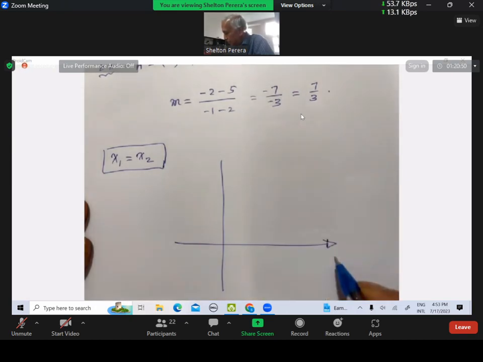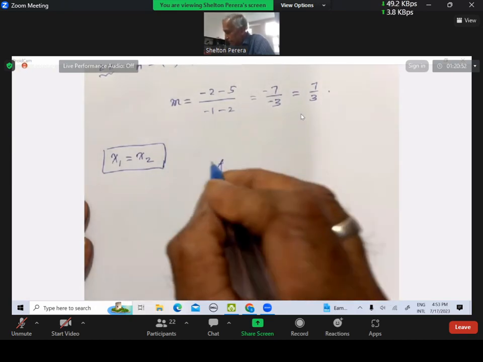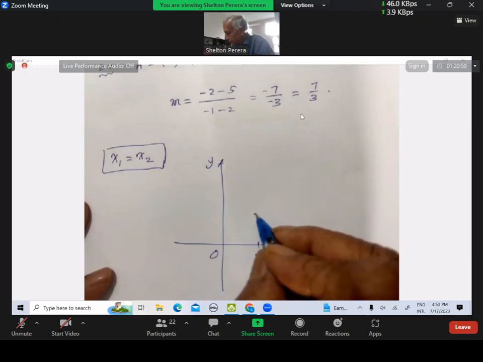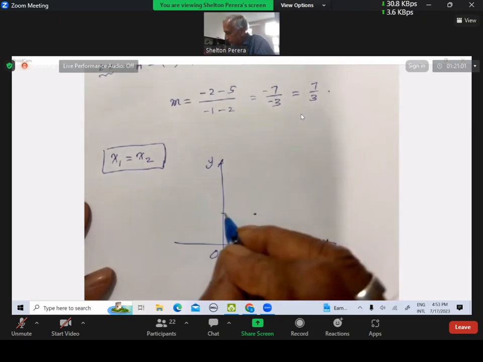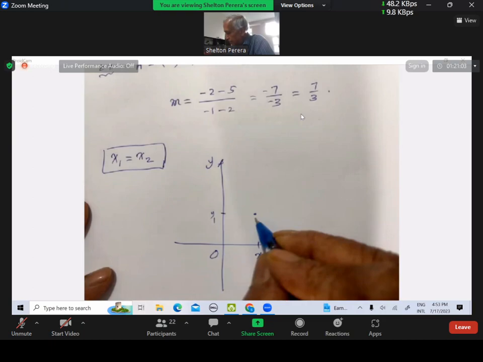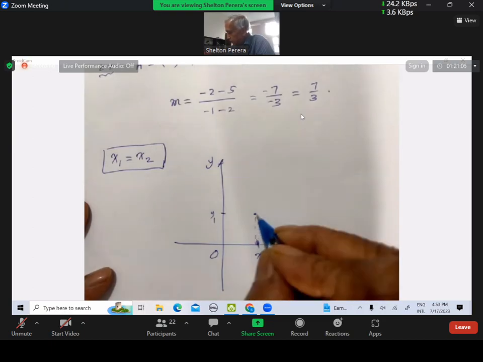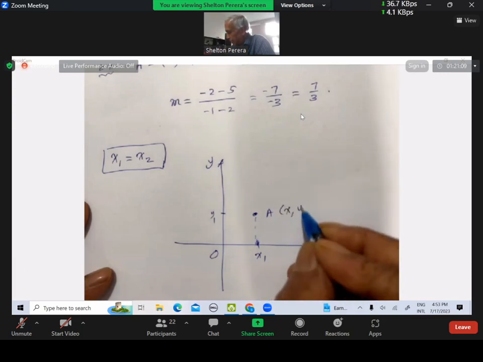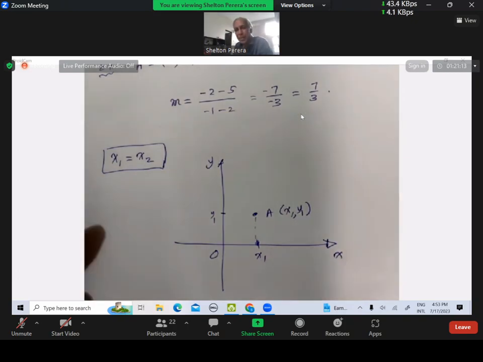When you plot the points, x, y, this is the origin. Suppose this is x1, and y1 is there. So this is the point A, (x1, y1). Second point, (x2, y2).